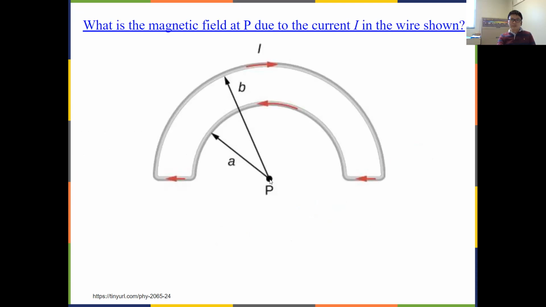This is the center of this curvature, so we can divide this loop into 4 sections: this small semicircle, then this straight section, the other straight section, and then the larger outer semicircle. Then we can apply Biot-Savart's law to calculate the magnetic field at this center point from each of those four sections and add them up to get the total magnetic field at this point P.